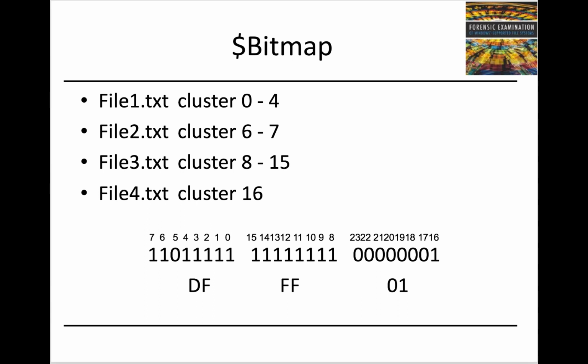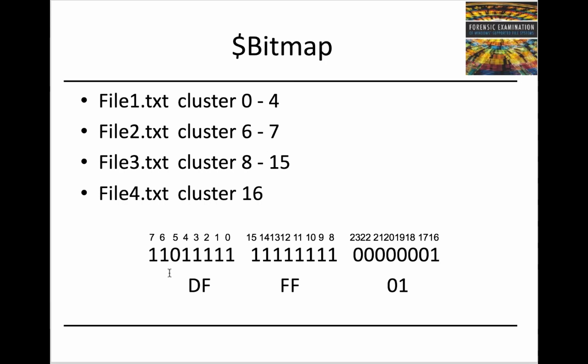So if we look down in this graphic below, we will see cluster 0 is allocated. 1, 2, 3, and 4 all have 1s in them, because clusters 0 through 4 are all associated with file 1, so they're all allocated. 6 and 7 are part of file 2. We have nothing using 5, so it gets a 0. Okay. 8 through 15 are all allocated, so it's all 1s. And then just 16 is allocated.